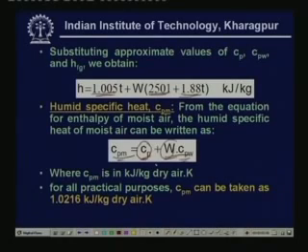The units of Cpm are kilojoule per kg dry air per Kelvin. For all practical purposes you can use a mean value of humidity ratio, and take the value of Cpm as 1.0216 kilojoule per kg dry air Kelvin.